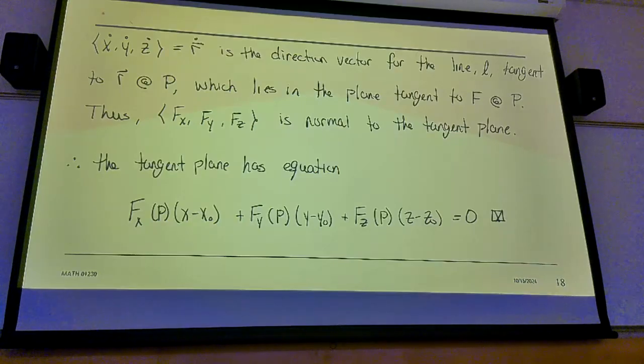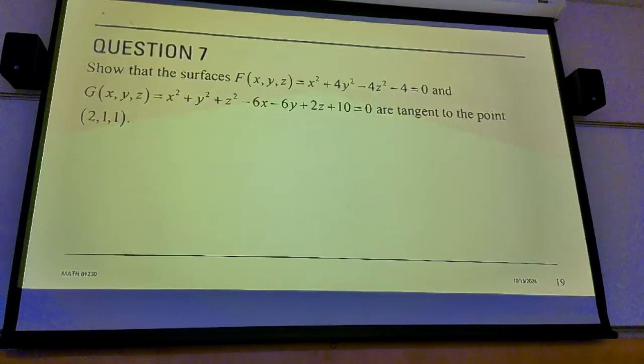Now I'm going to be using that. We're given two surfaces, F and G, and we're asked to show that those surfaces are tangent to each other at the point (2, 1, 1).